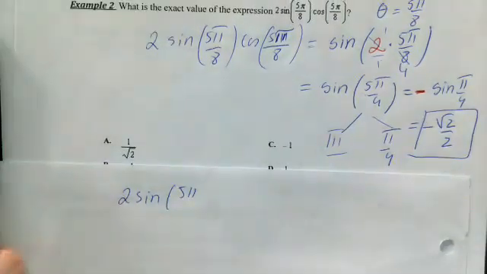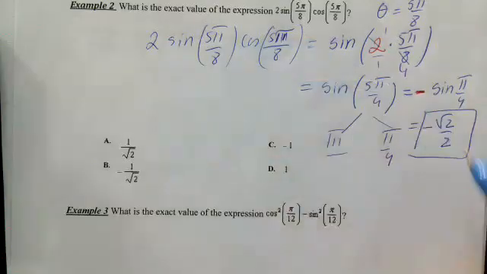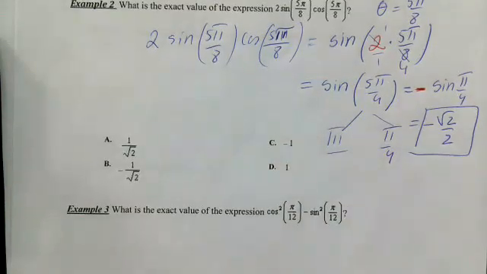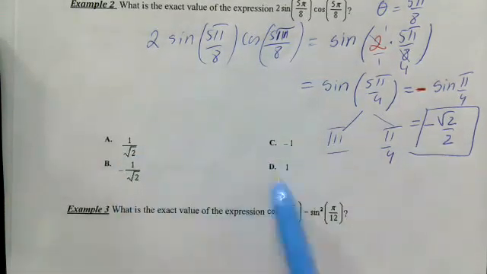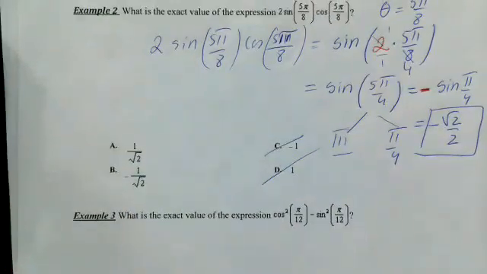Now, sometimes in your test, you may get a multiple choice question, okay? And then you do your work and you end up with square root of 2 over 2 negative. And then these are your options. Now we for sure know that those are not it. So you can eliminate those ones right away. Usually when I do multiple choice, I always eliminate the obvious not choices, okay? And then you narrow it down.